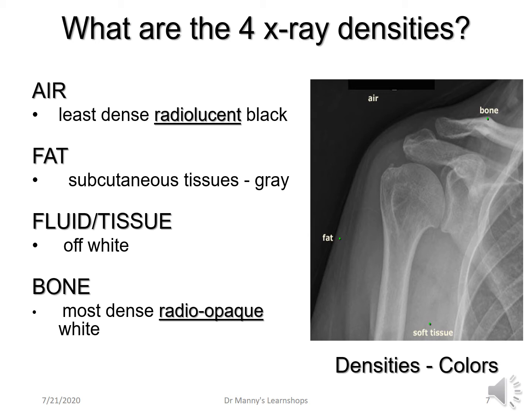Bone is the most dense, it will create an image that is white. In between, you have fat or subcutaneous tissue, which will create a grey image, and fluids or tissues will be off-white. Not quite white, but off-white.